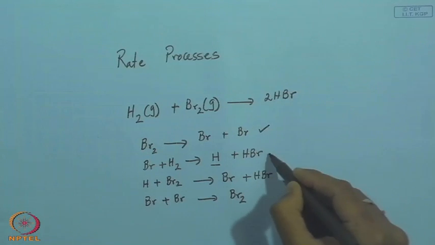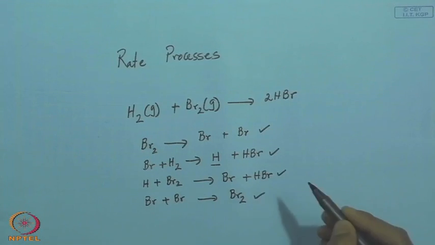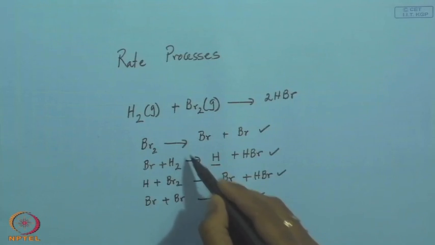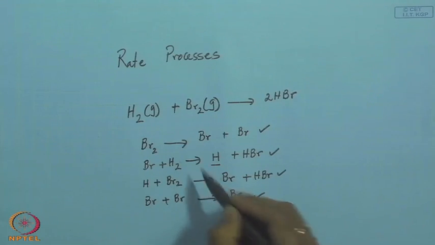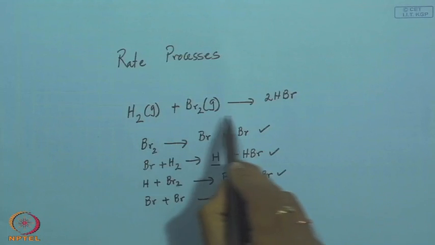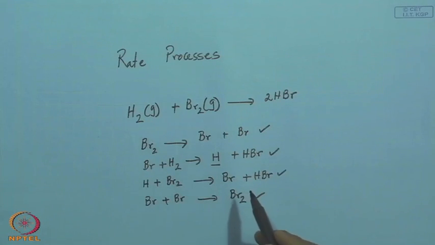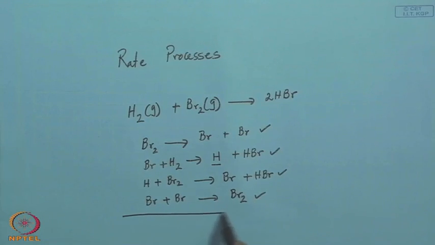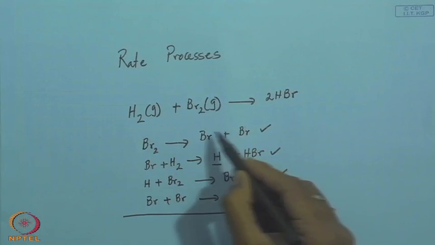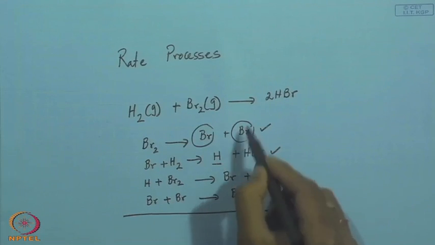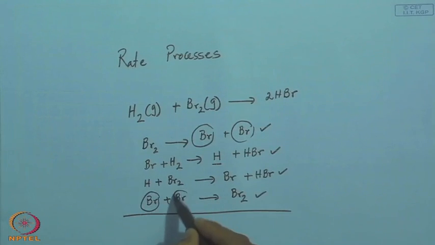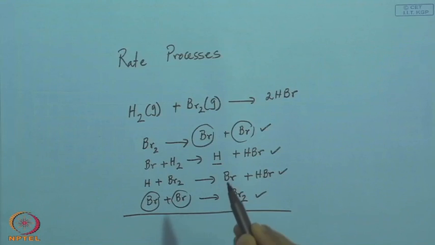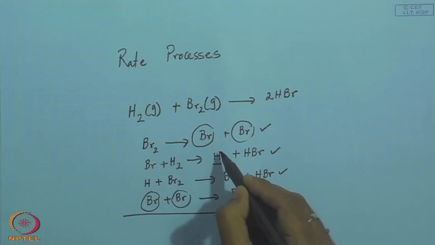So, these are elementary reactions. There are four elementary steps for this reaction. This is the net reaction. If you add this total, then you will be getting, these two will cancel over here, then these two will cancel.